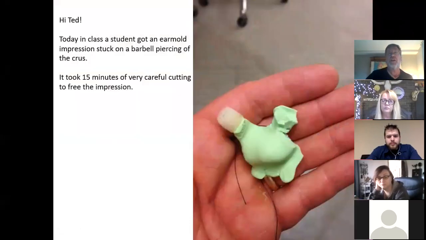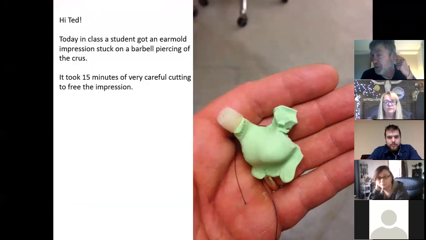Did I ever show you this picture? There was a person at Conestoga College in Kitchener, Ontario, Canada. They have a 2-year HIS program, like yours. And they were doing ear mold impression material practice, and the young woman had a stud in her ear.